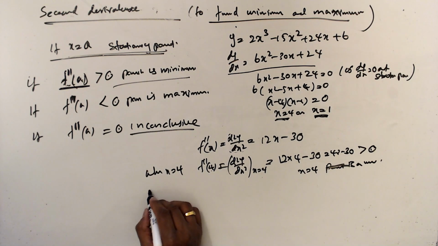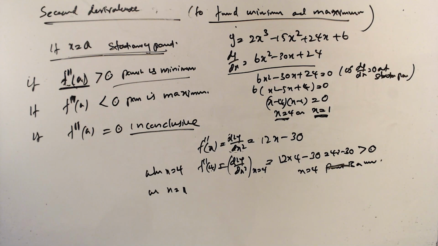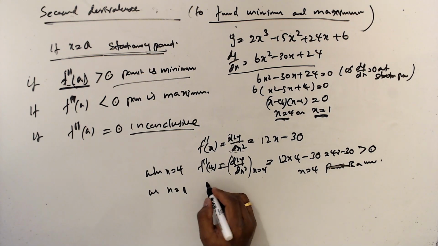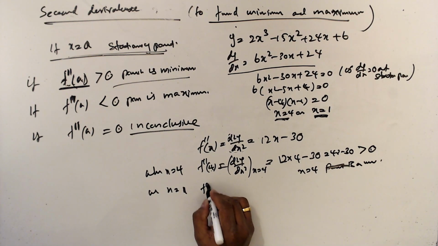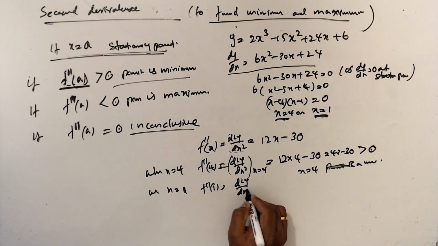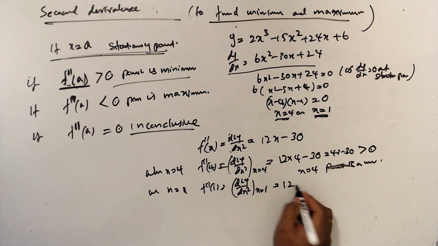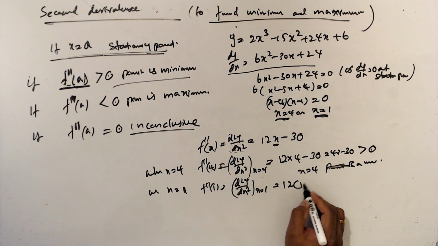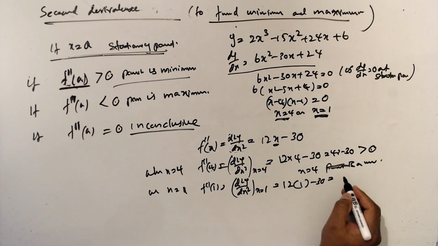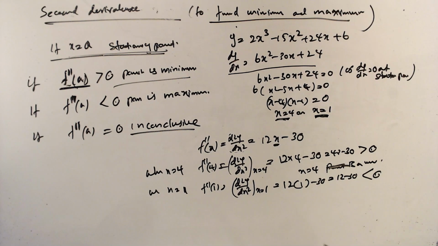Now check what happens when x equals 1. f double dash at 1, or d squared y over dx squared at x equals 1, is 12 times 1 minus 30. 12 minus 30 is a negative value.